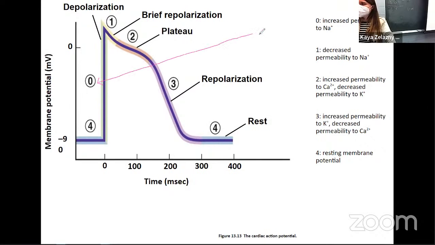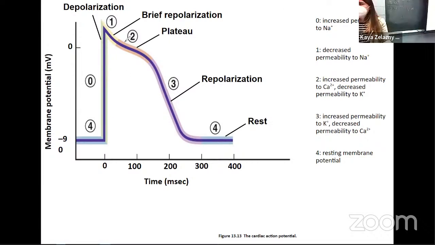The first thing that happens is increased permeability to sodium. In terms of ions, that's similar to what we saw in neurons. So for our big depolarization, in neurons and in these contractile heart cells, the responsibility lies with sodium, compared to the pacemaker cells, where it was really the calcium.